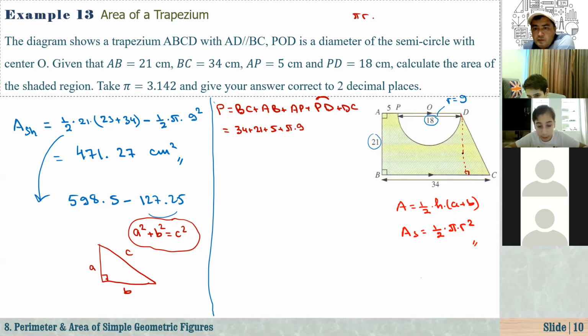Now you do Pythagorean theorem: 21 multiplied by 21, 441. Then 11 multiplied by 11, you get 121. 121 plus 441, 562.